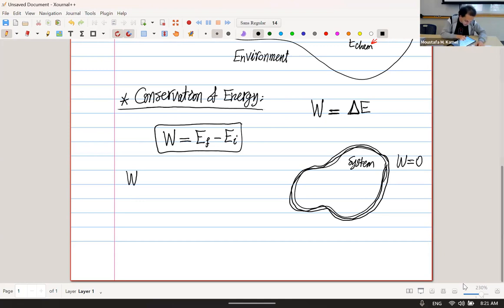If the net work done on the system is zero, then we call our system an isolated system. For an isolated system, if you look at the equation above, you get energy final minus energy initial equals zero, which just means energy final equals energy initial, a conservation law of energy.